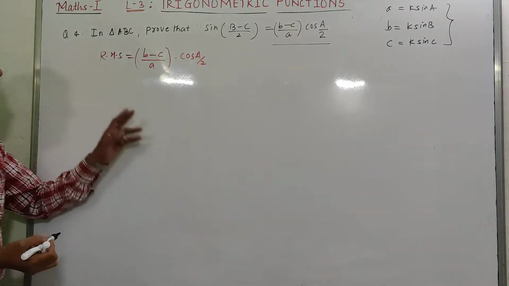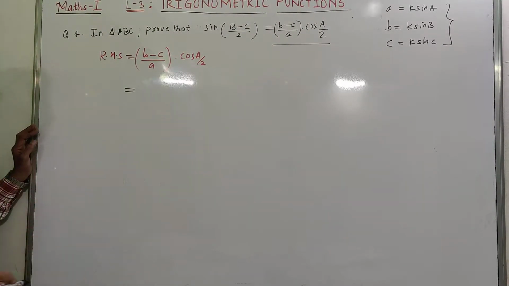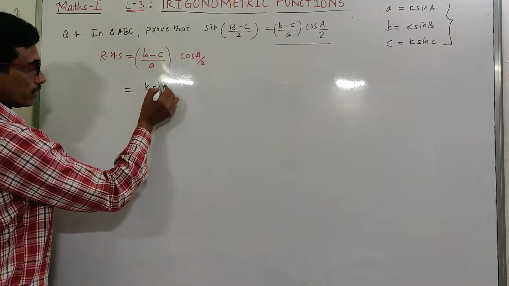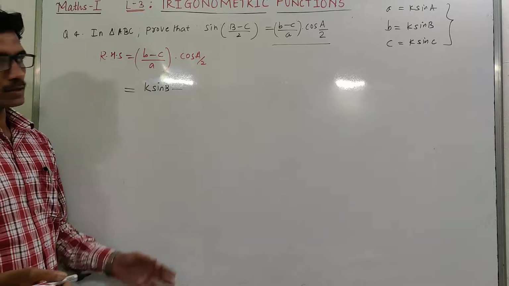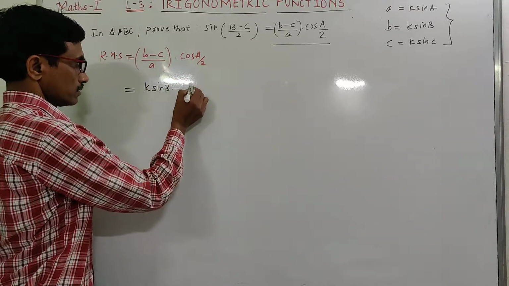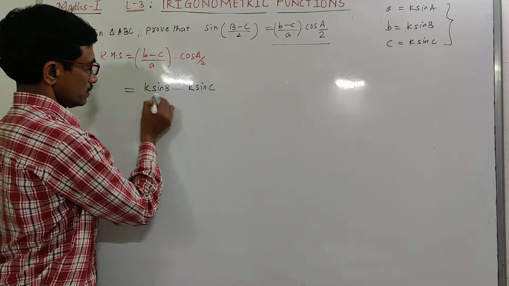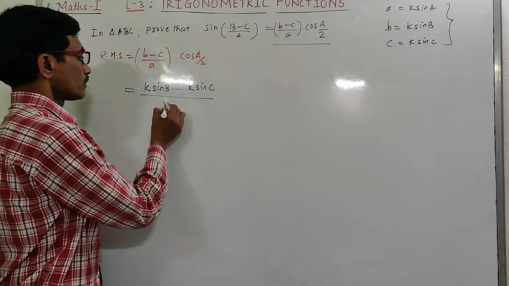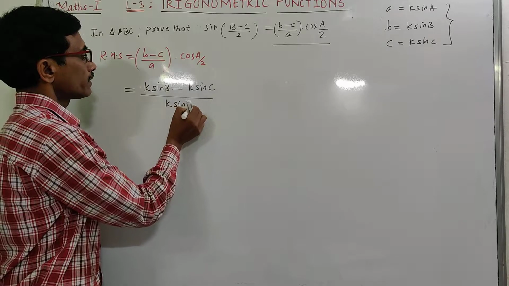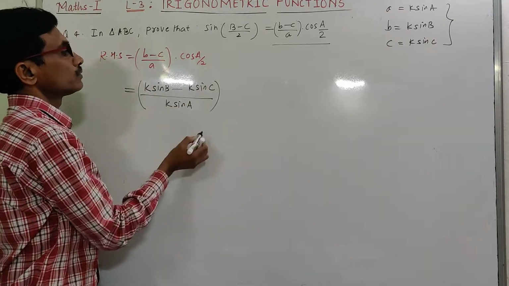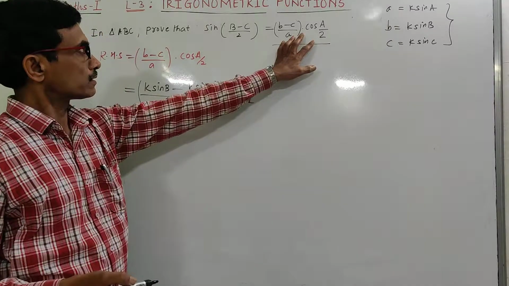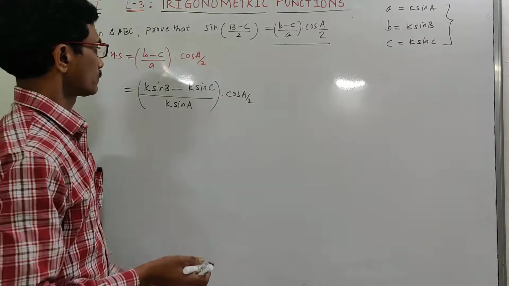Substitute b equal to K sine B, so K sine B minus K sine C upon K sine A, into cos of A by 2. This is our RHS. We show it is equal to this.